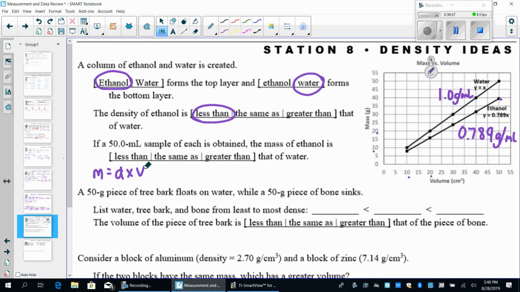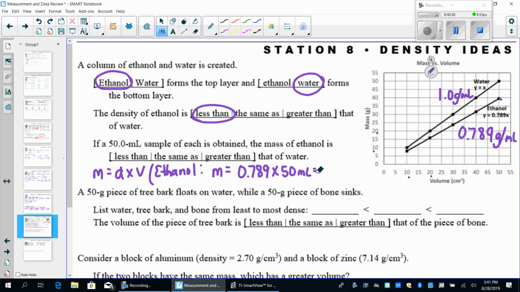So if we go with ethanol first, and it's saying that we have a volume of 50 milliliters, and we know that ethanol has a density of 0.789. The mass of ethanol is equal to the density, which is 0.789, times the volume, which it says you have a 50 milliliter sample.